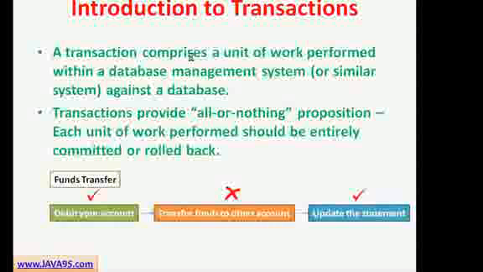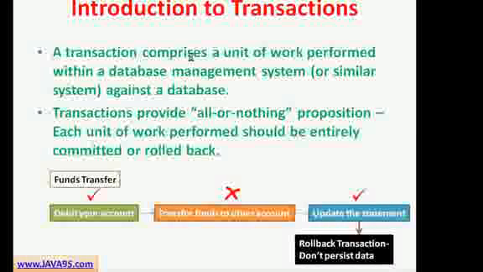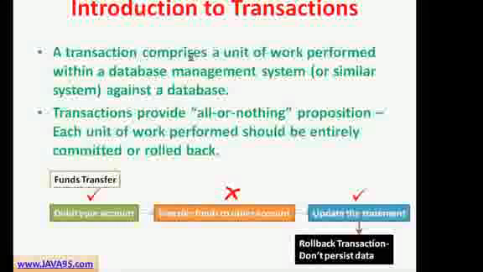then the data is going to be very wrong, and we need to ensure that the transaction is rolled back so that no data related to debiting the account or updating the statement or anything else related to this unit of work will go into the database and get persisted, because the data is going to be inconsistent.